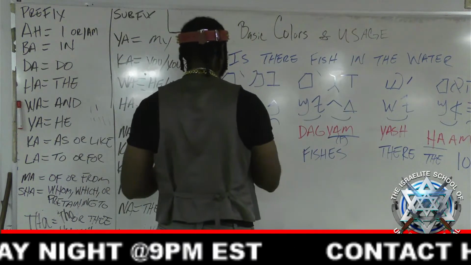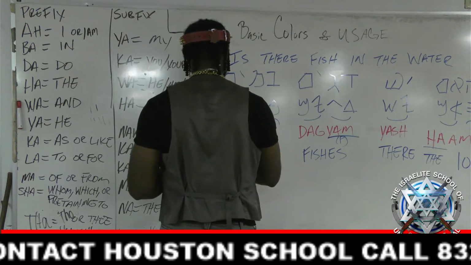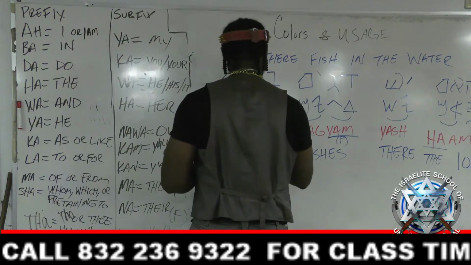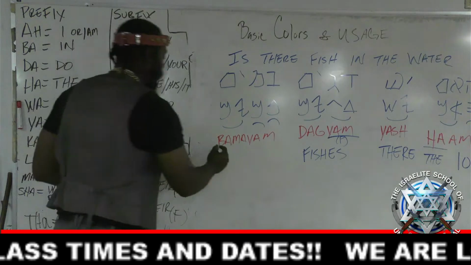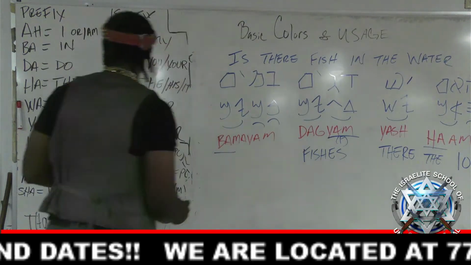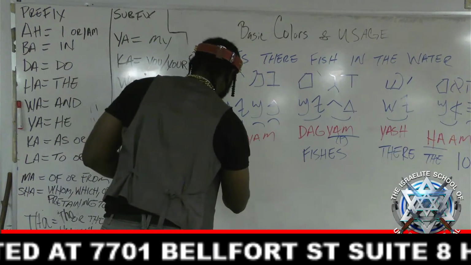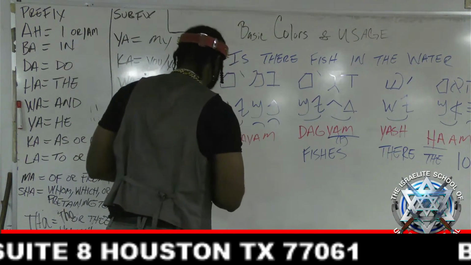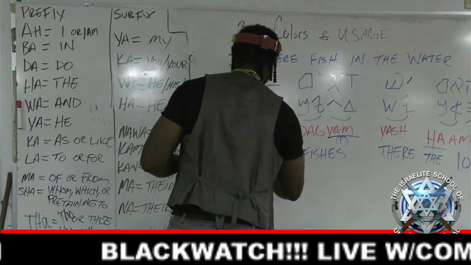Next we have Bamayim. This word also has a prefix, ba, which according to our chart is in. And then mayim, of course, is waters.